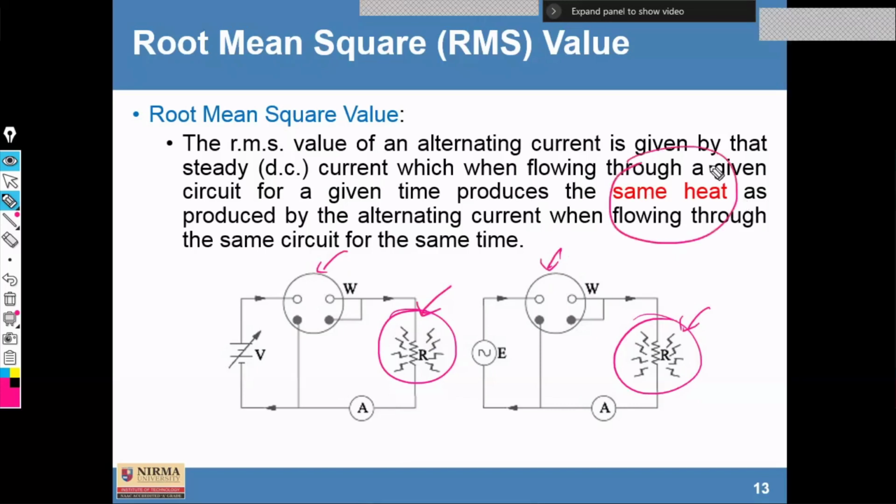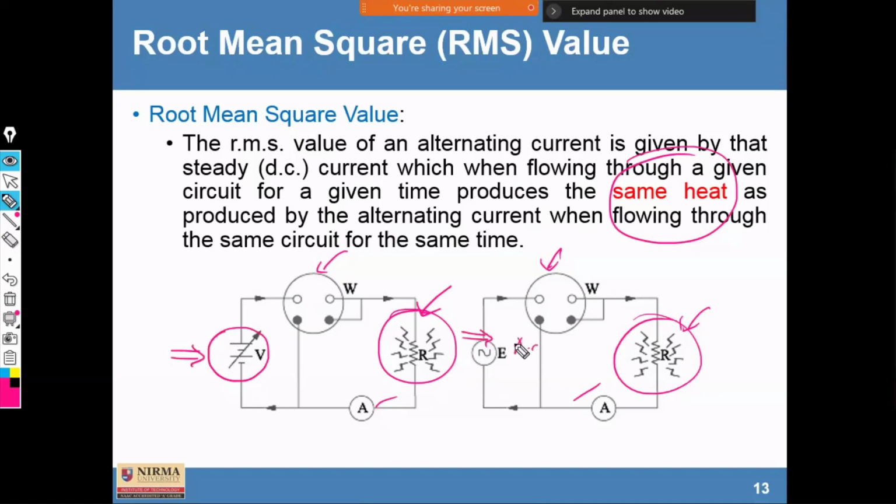So here we have the same heat in two different circuits. Then what is the difference in these two circuits? Ammeters are also connected to measure the amount of current flowing through this. But here the difference is that a battery is connected here, and here an alternating source, an AC source, is connected.